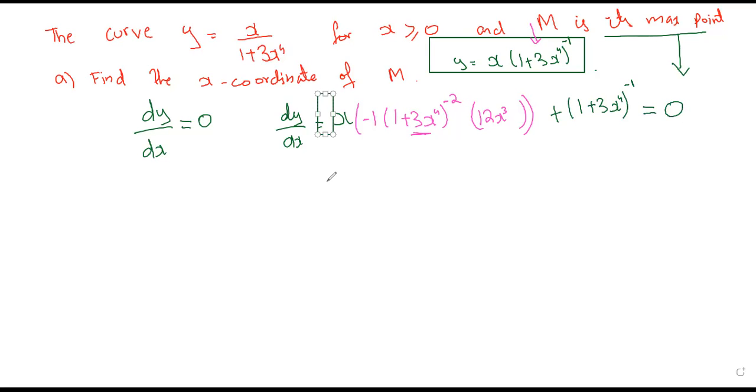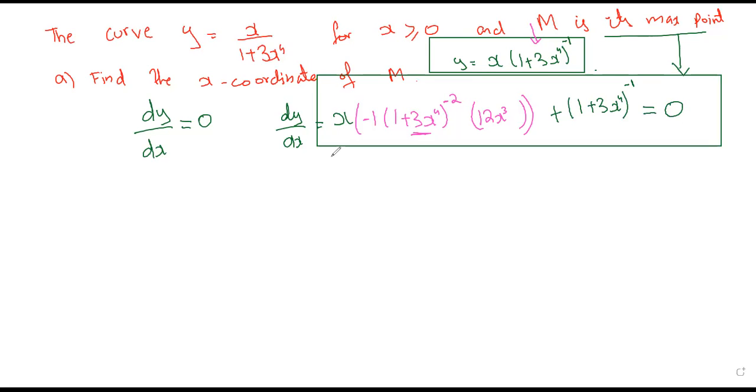Now I can write it as minus 12x to the 4, I have this x and I have x cube, divided by 1 plus 3x to the 4, whole squared, plus 1 by 1 plus 3x to the power 4 equals 0. Now, I am interested in finding out the value of x. I need to separate x on one side, okay? So I can take LCM.